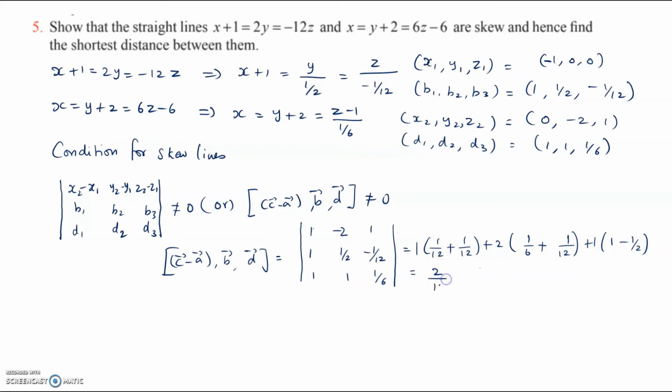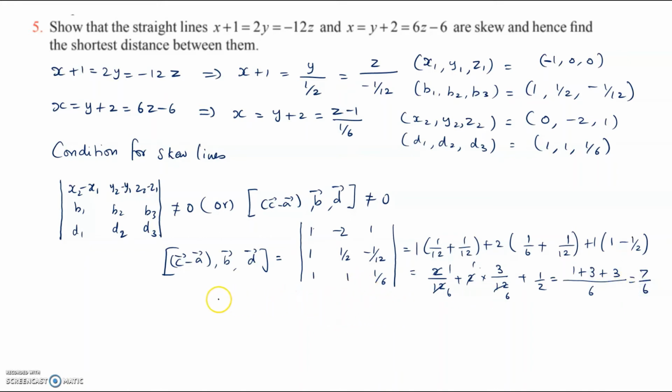2 by 12 plus 2 times, keeping 12 as the denominator, then it's 3 plus 1 by 2. Further simplifying this, this is 1 by 6, 1 by 6 here. So keeping 6 as the denominator, 1 plus 3 plus 3, our answer is 7 by 6.